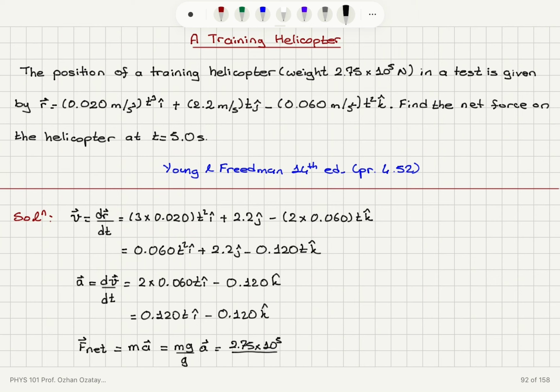If I divide this by gravitational acceleration, 9.8 meters per second squared, and multiply by the acceleration 0.120 t i hat minus 0.120 k hat. Okay. So now what I need to do is substitute time into this equation, because I'm supposed to find the net force at t equals 5 seconds.